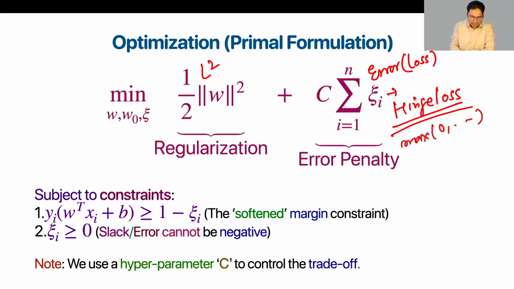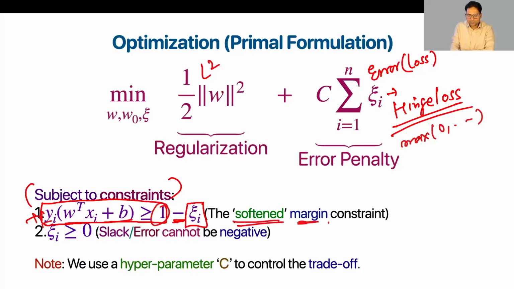Okay, and this is subject to constraints that my point should be correctly classified. This comes from the hard margin, that this label times the distance from the origin, that multiplication should be greater than 1, and then I give some scope of error that you can wiggle on the margin on some side, minus the error.